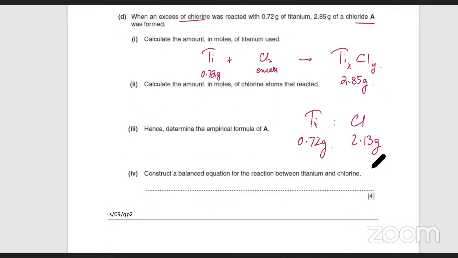Then you divide each mass by its MR, with 47.9 for titanium. For titanium you get 0.015, and for chlorine 0.06.